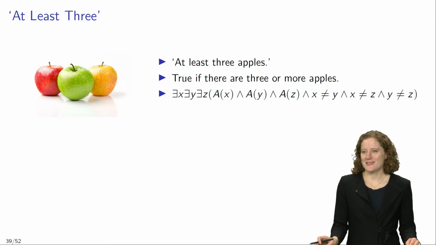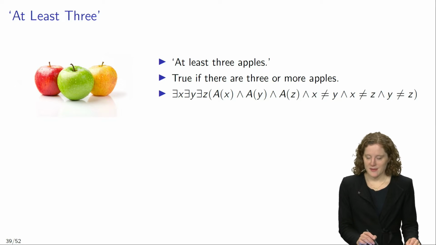Now, suppose you want to symbolize the sentence there are at least three apples. Now, this sentence is true if there are three or more apples, but it is false if there are fewer than three apples. Now, to symbolize this sentence, you need to use three existential quantifiers.